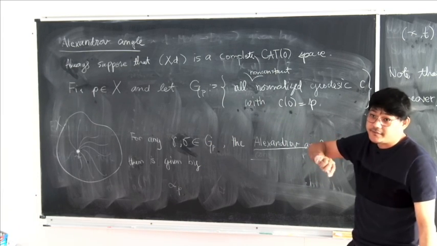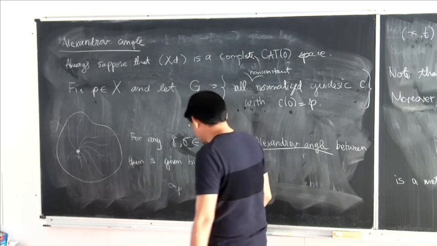So GP is defined for each point P in the space.